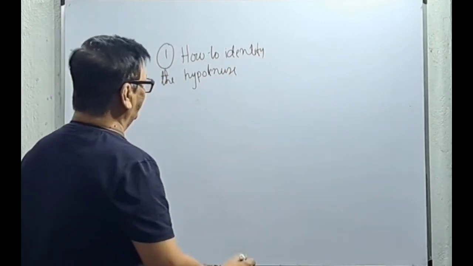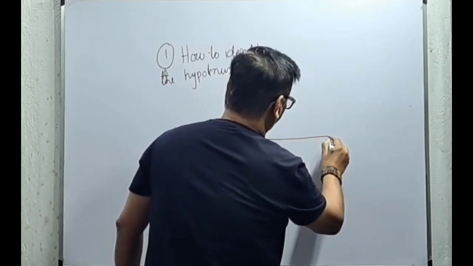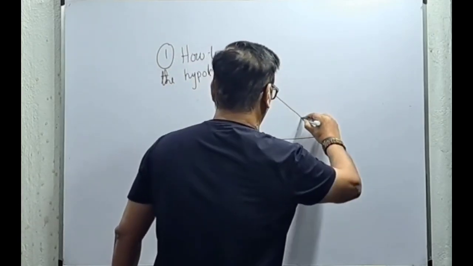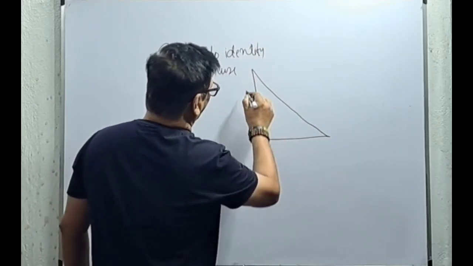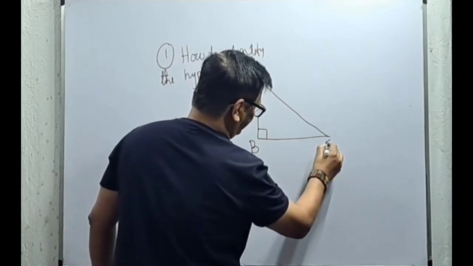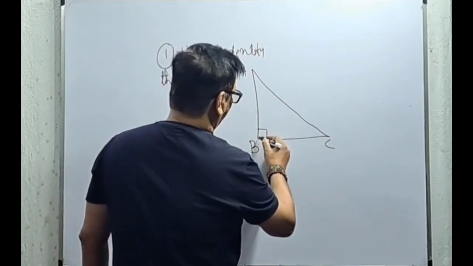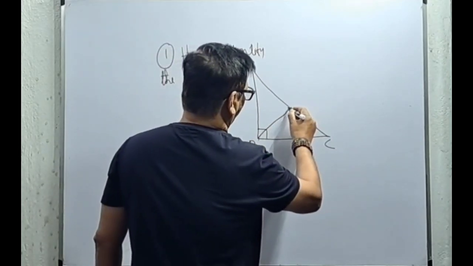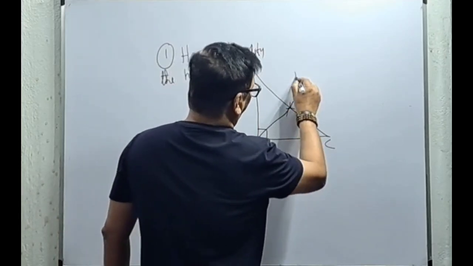If we have a right angle triangle like this, with the right angle at C, so A, B, C, the side opposite to the right angle will be the hypotenuse. So this is the hypotenuse.